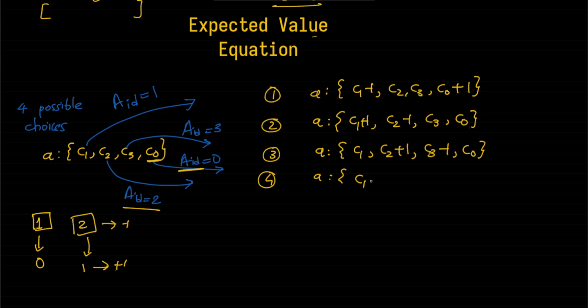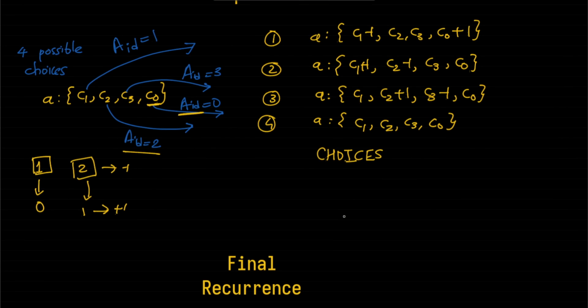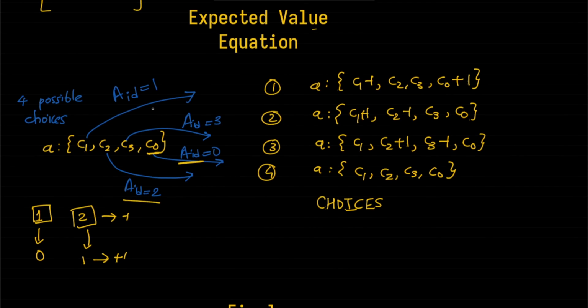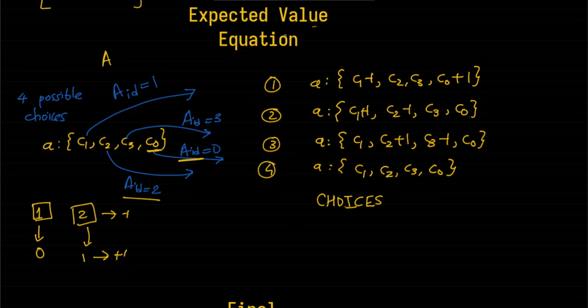In that case, we don't need to perform any operation, so the array state will remain same. So these are the 4 possible choices. We have listed down all of them, and for each of them we need to find out what will be the recurrence relation for transitioning from one state to the other, right?